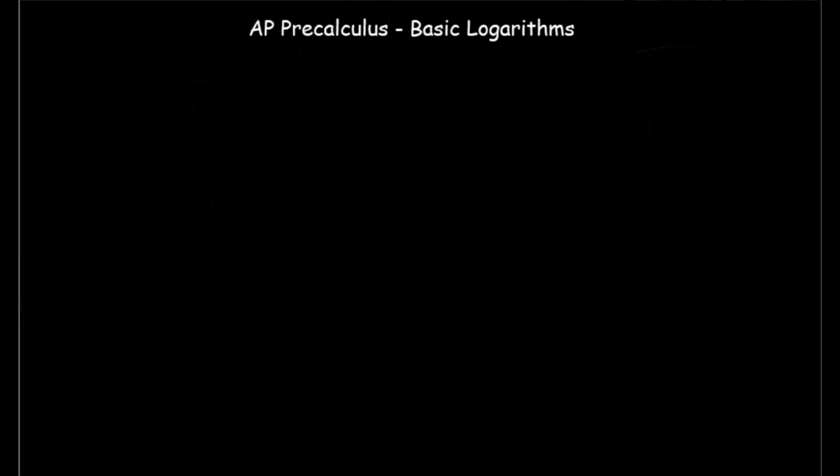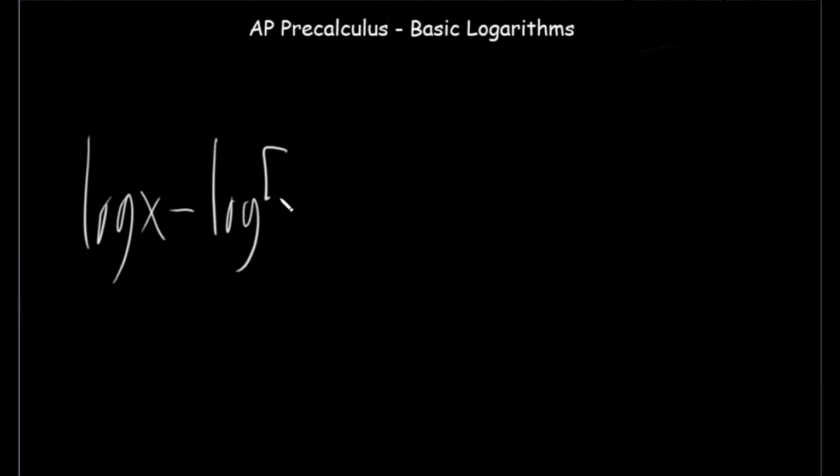Now let's make it a little more confusing. Say we have log of x minus log of 5 minus log of z. Now what do you do here, because you're evaluating 3 logs instead of 2?